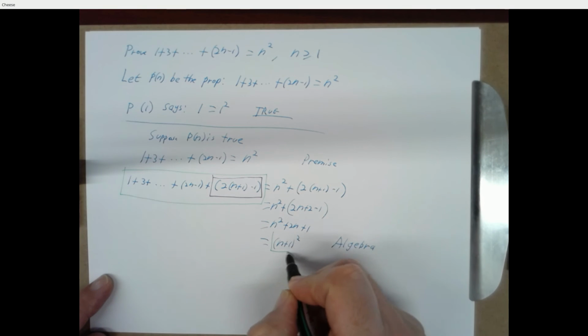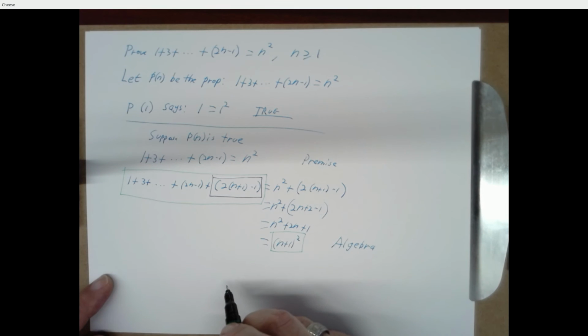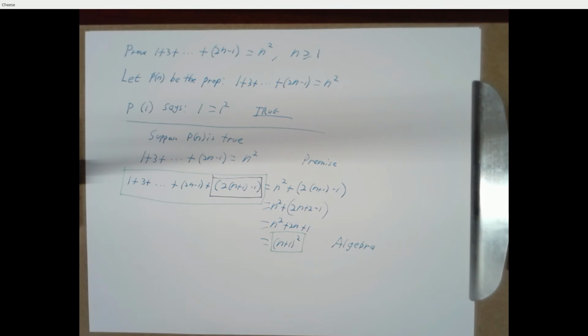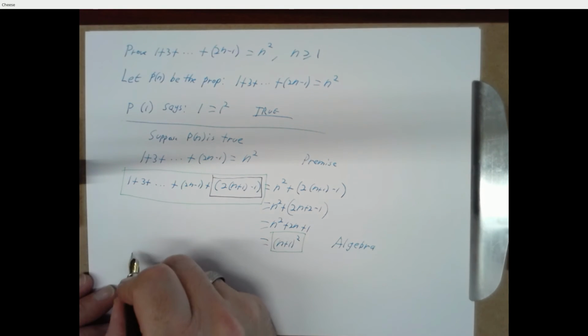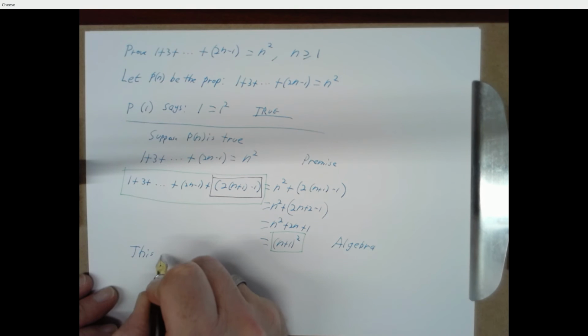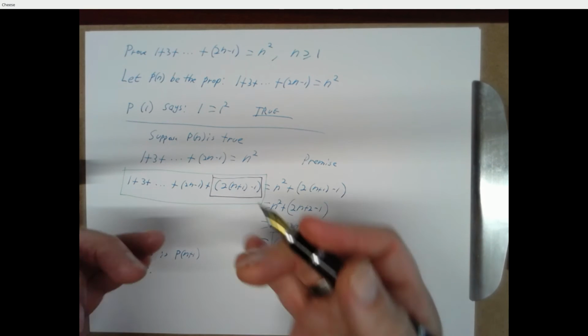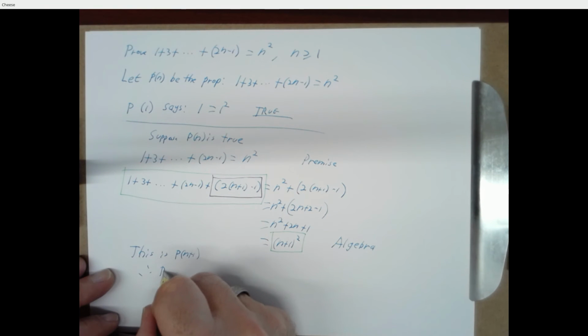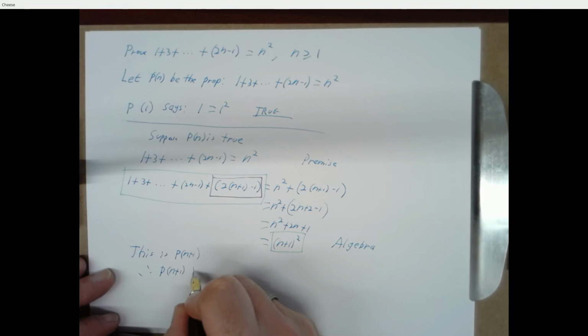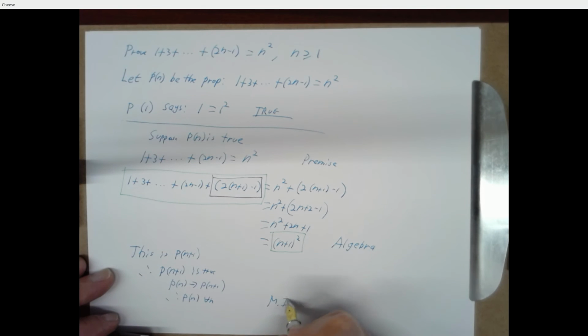And this is the right-hand side of P(n+1), (n+1) squared. So this is P(n+1). Since we just showed that this is true, P(n+1) is true, and so P(n) implies P(n+1), therefore P(n) for all n by mathematical induction.